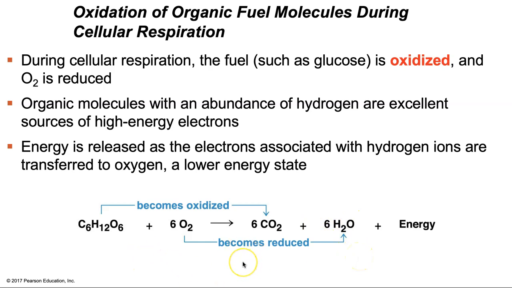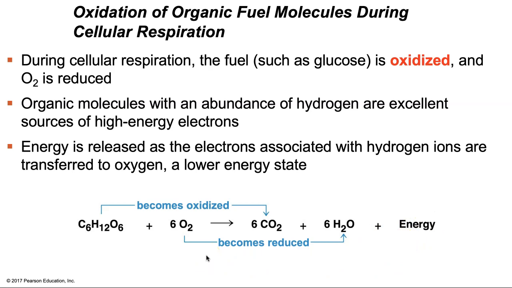This is the formula for cellular respiration, and make sure that you know this formula. And just as a precursor for the next chapter, photosynthesis is the same thing in reverse, right? And then we also have energy here because energy is also released, right? We're making ATP because of all of this.